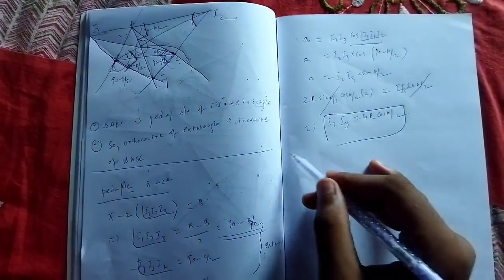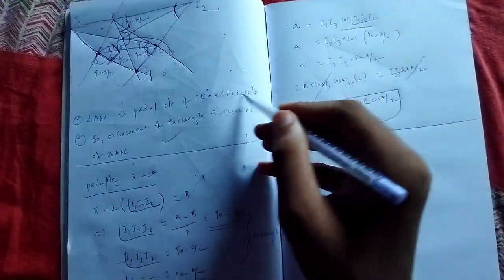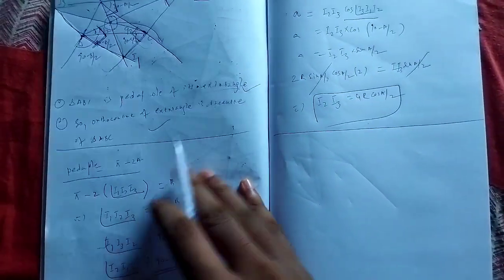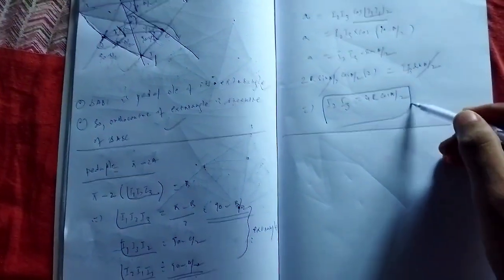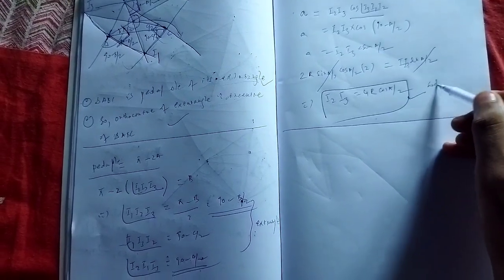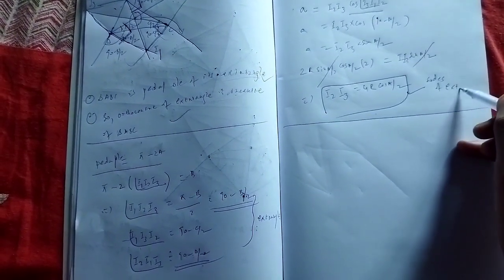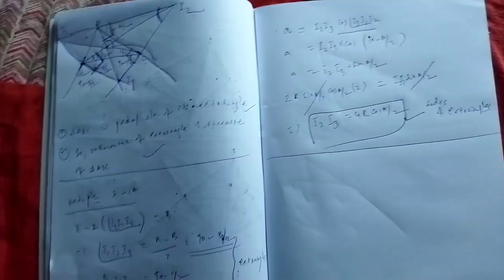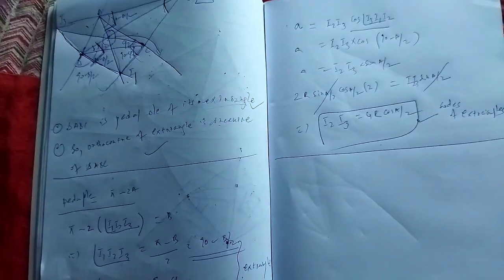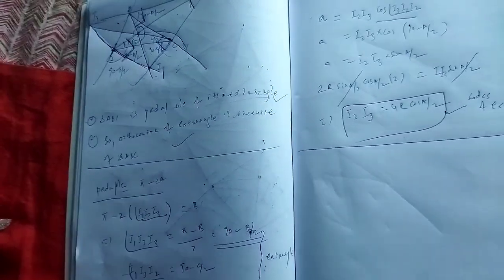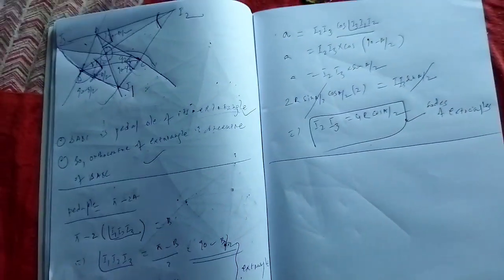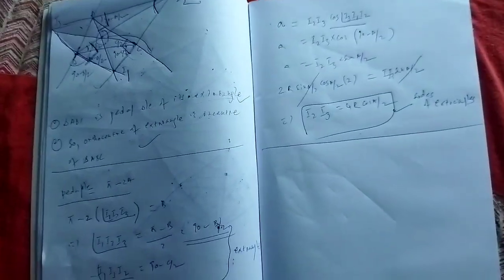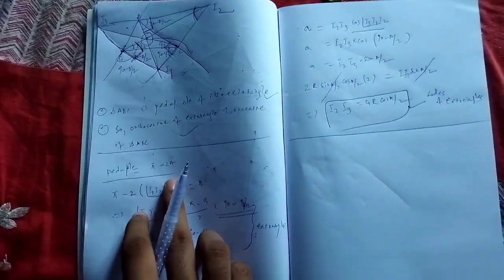I think that is all. These are some important points to remember, the sides of X triangle. And let us try to find the circumradius of X triangle. Actually, we missed it there.